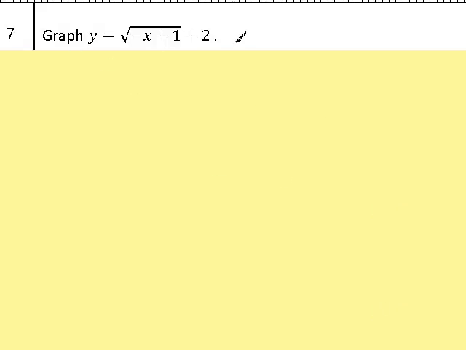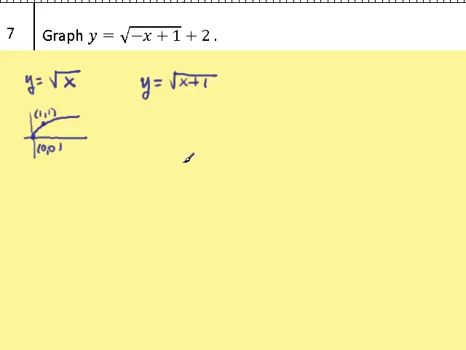Let's graph y equals square root of minus x plus 1, plus 2. We're going to do this in stages, starting with the square root of x. That one we know, that's one of our basic graphs. It goes through 0, 0, and it goes through 1, 1. We're going to do horizontal first, so let's start with x plus 1.